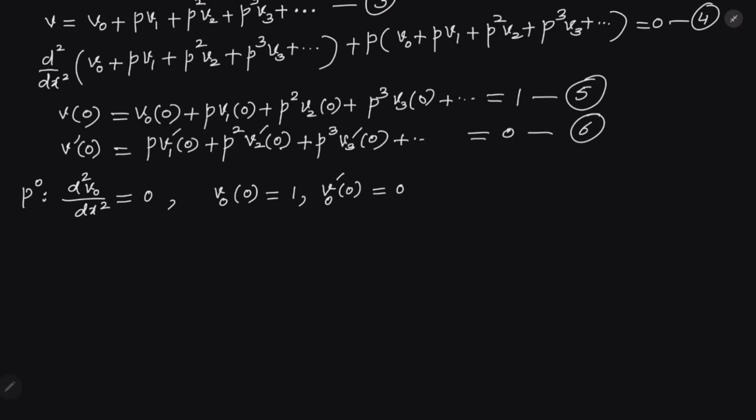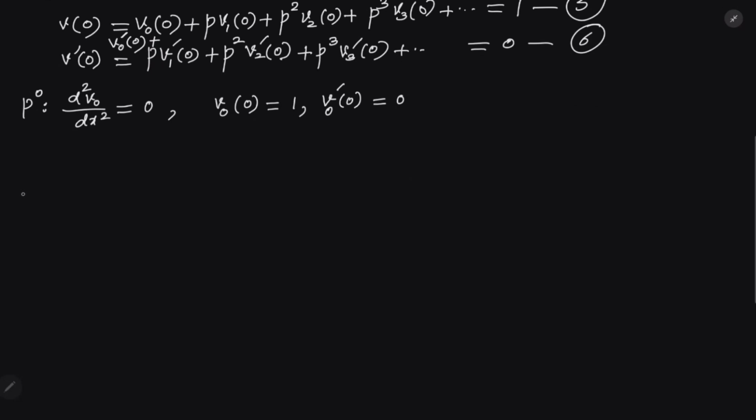There should be v naught dash 0, it should be a correction, so this will be equal to 0. Otherwise, we cannot get any solution over here. So we need to put this v dash 0 over here, the derivative of that. First it is a function of x, then you put x is equal to 0. Okay, now it is correct.